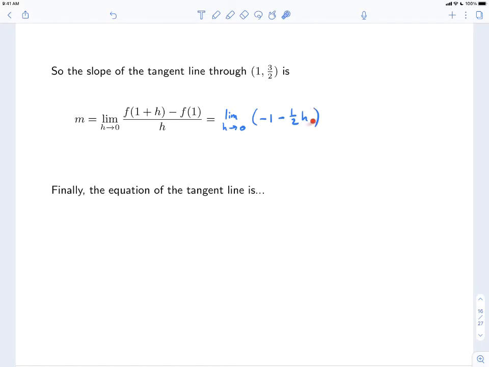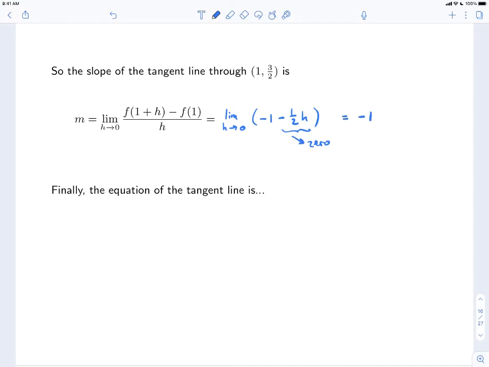Well, this minus 1/2 h quantity is going to go to 0. h is getting really, really close to 0. If you take something really close to 0 and halve it, it's still really close to 0. So this value is getting really close to minus 1.